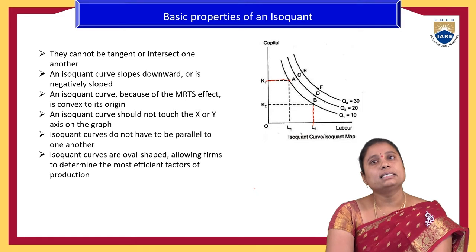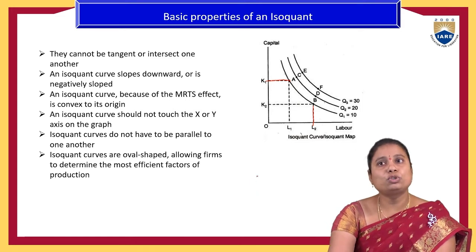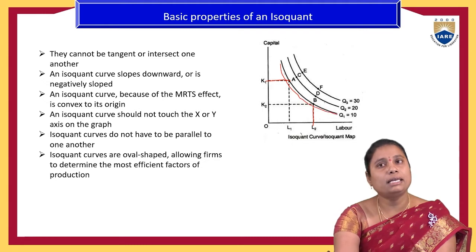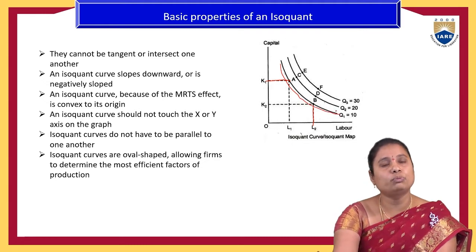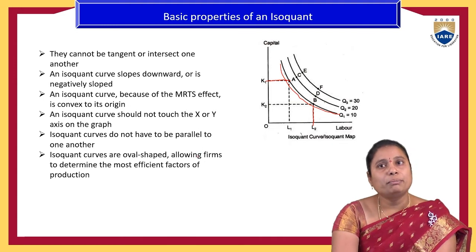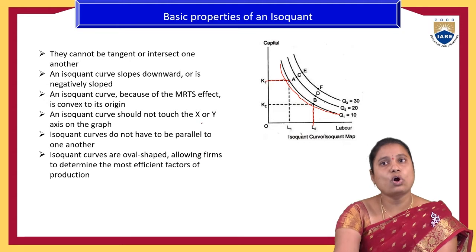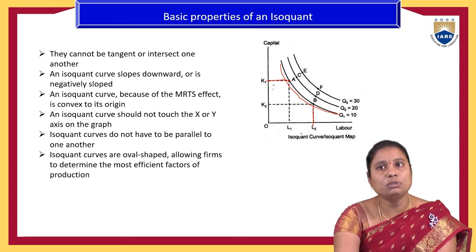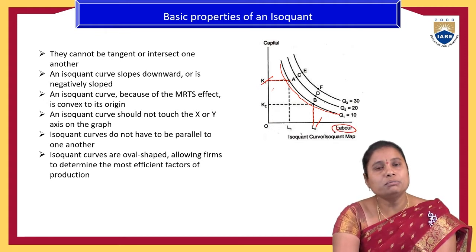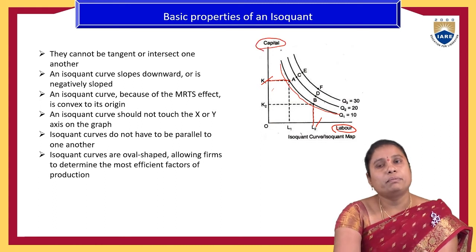And next, an isoquant curve slopes downwards because it is replacing one element with another. If one is reduced, another one will increase. And an isoquant curve, because of the marginal rate of technical substitution, is convex to the origin because it won't touch any of the axes, since labor completely does not become zero and capital will not become zero.